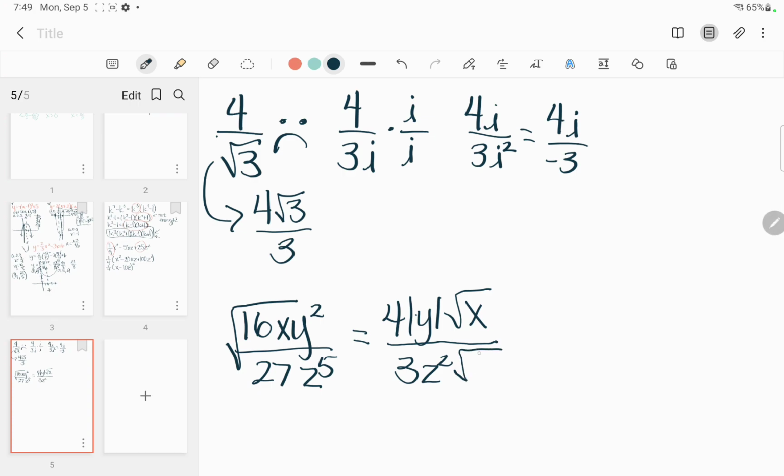Underneath my radical is 3z. This is not done. I need to multiply numerator and denominator by this square root of 3z because that will force the perfect square in the denominator and it will allow me to simplify. So I'll do that right away.